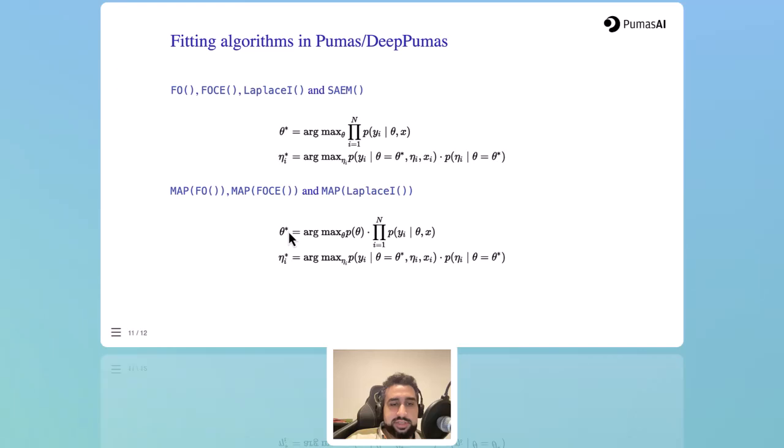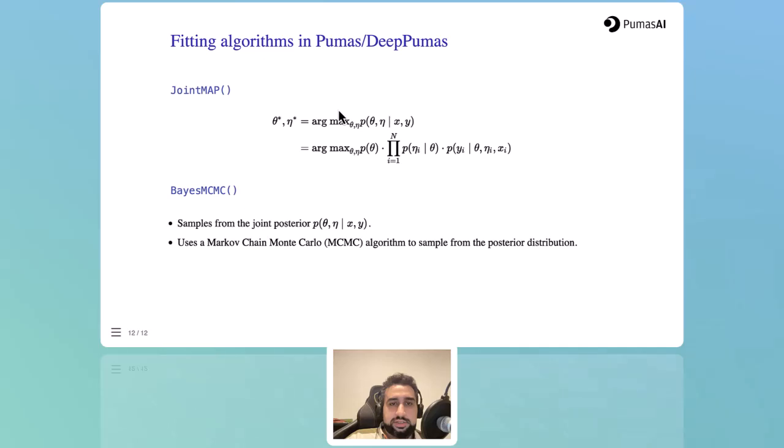And that changes theta star, but it will not change the procedure for getting eta. Obviously, once theta star changes, etas might also change, but the procedure is the same. So the eta star computation is exactly the same in the first row and the second row. The only difference, again, is that we added this additional prior term in the objective function value when fitting the population parameters.